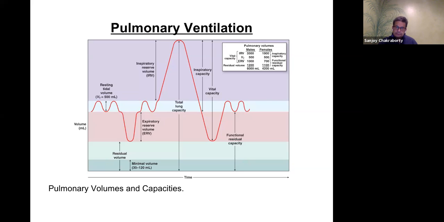You can define it as the minimum volume of air that stays in the lung even if the lungs are allowed to collapse. Residual volume means the lungs are not collapsed, the healthy lungs. But even if you allow the lungs to collapse, this amount, you can't really breathe out. That's called minimal volume. Okay, so these are the pulmonary volumes and capacities.